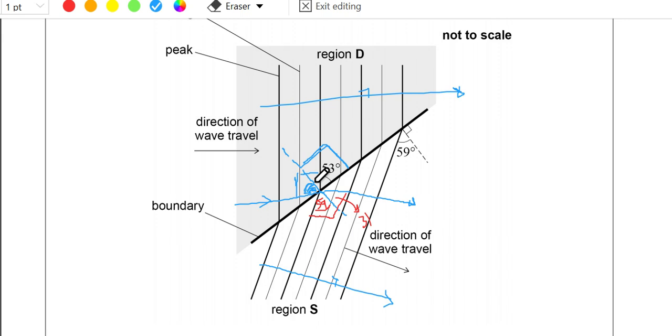And if we draw a perpendicular and draw a direction of incidence, we will find that this angle here between the wavefront and perpendicular is 90 degree minus 53, because the perpendicular has a 90 degree angle with the interface, and if this is 53, so this will be 37.